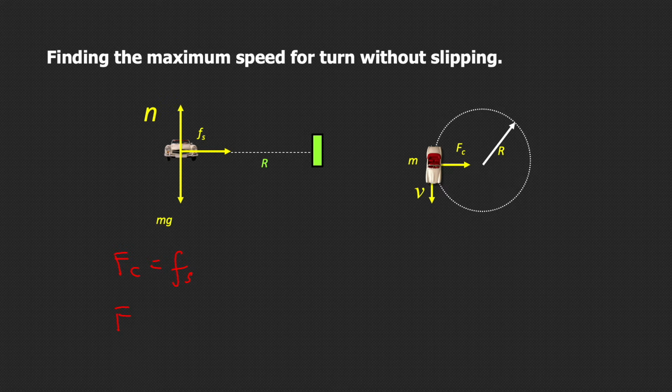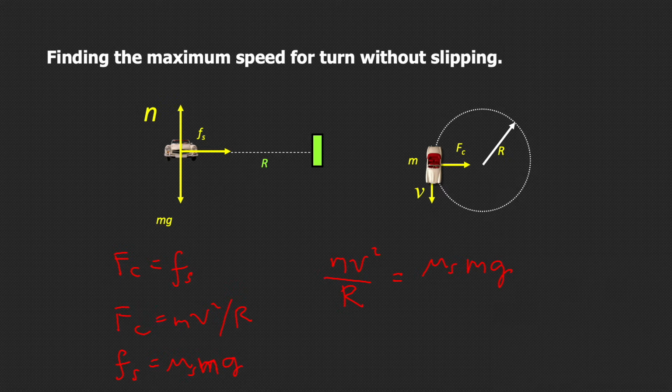We can say that F_c is equal to m v squared over r, based on the equation that we have discussed earlier, and also F_s is equal to mu_s, the coefficient of friction, times m g, mass times the acceleration due to gravity. Then we can say that m v squared divided by r is equal to mu_s times m times g.